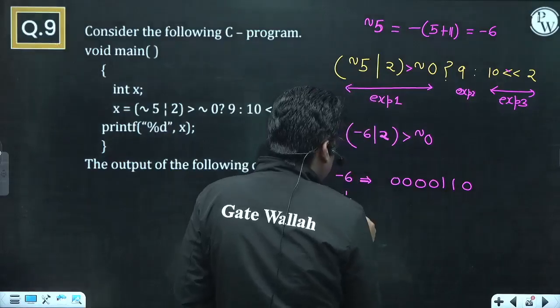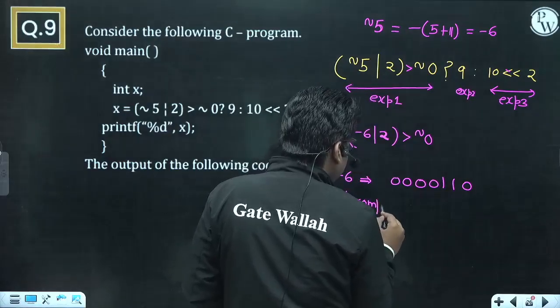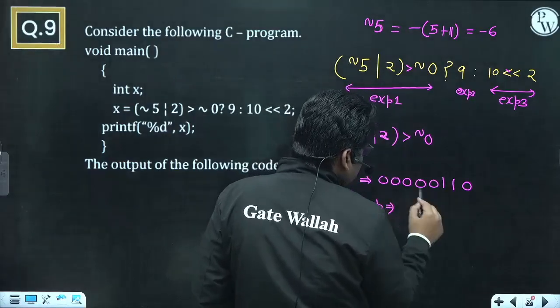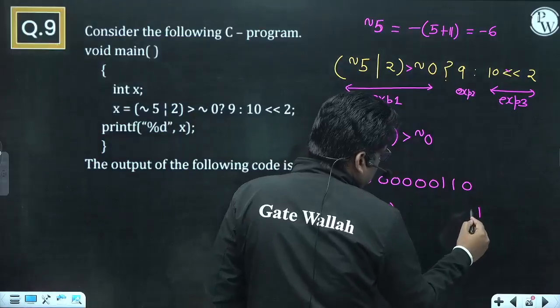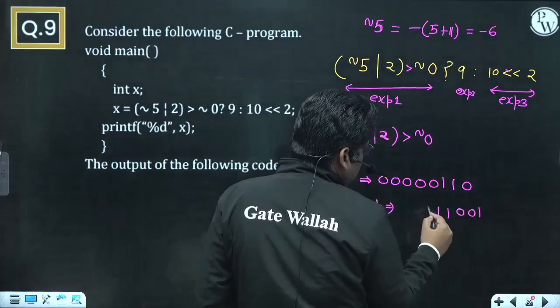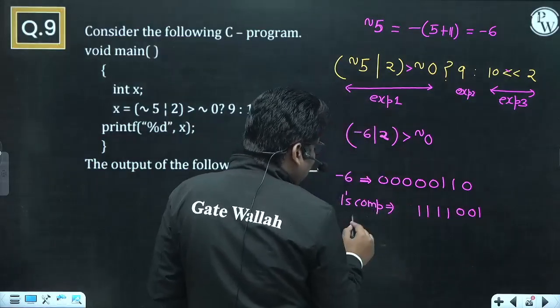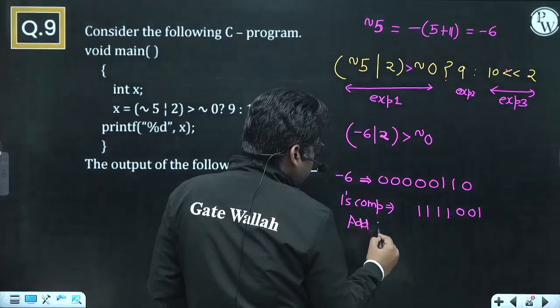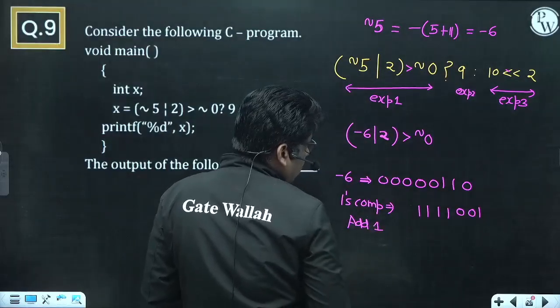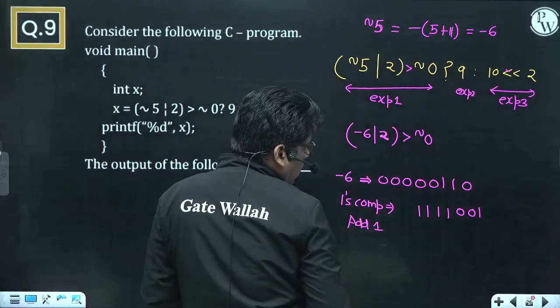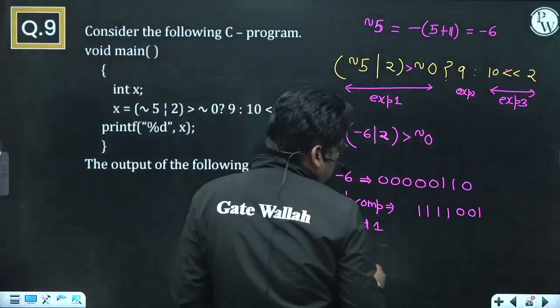First, find the 1's complementation. It becomes 1, 1, 1, 1, 1, 0, 0, 1, and then add 1. Am I right?